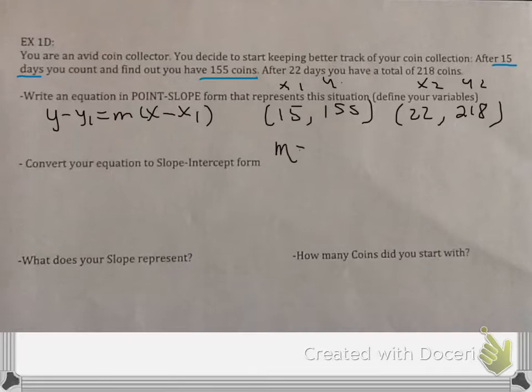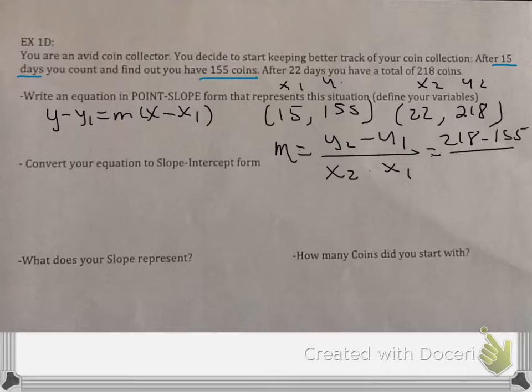So the slope is y2 minus y1 over x2 minus x1. Let's put these numbers in. That's going to be 218 minus 155 over 22 minus 15.